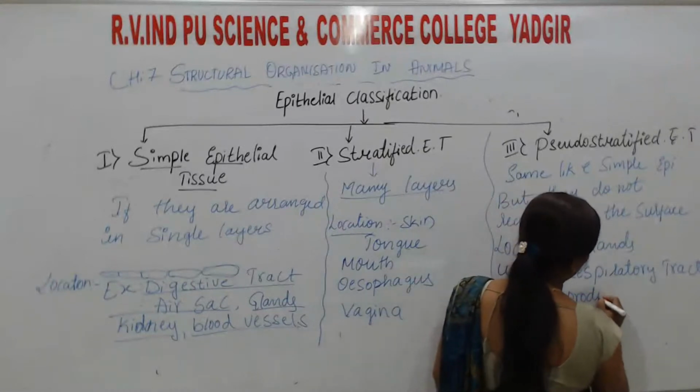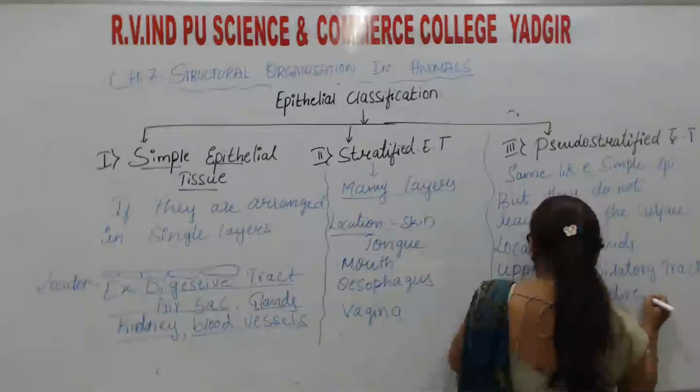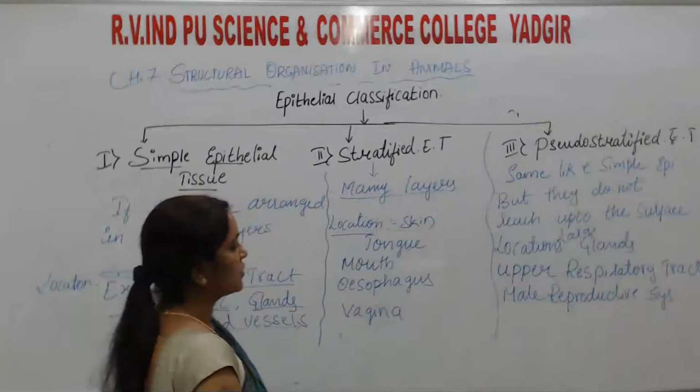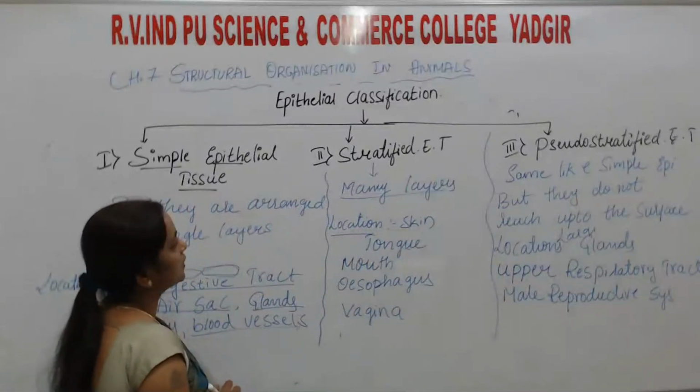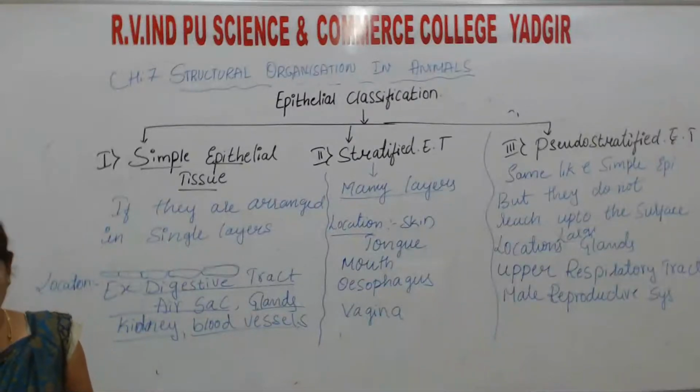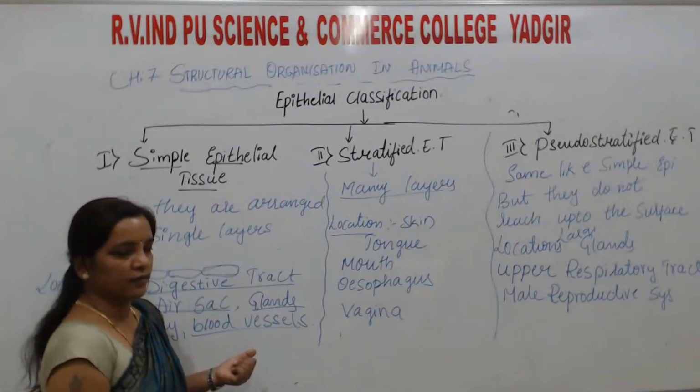So these are the three epithelial tissues. Auditory tubes are also having pseudo stratified.